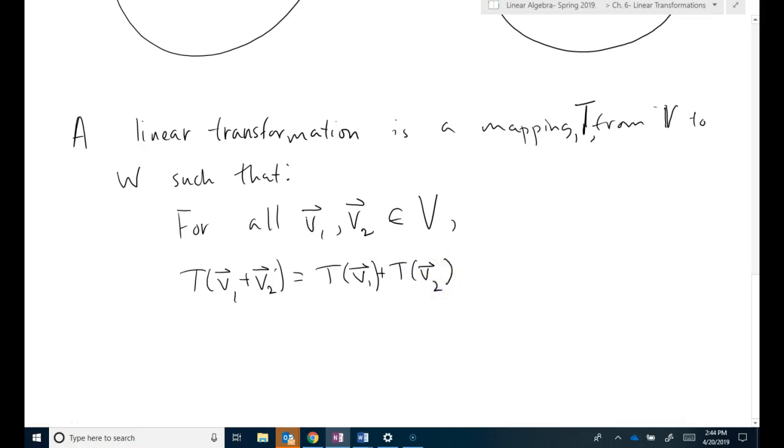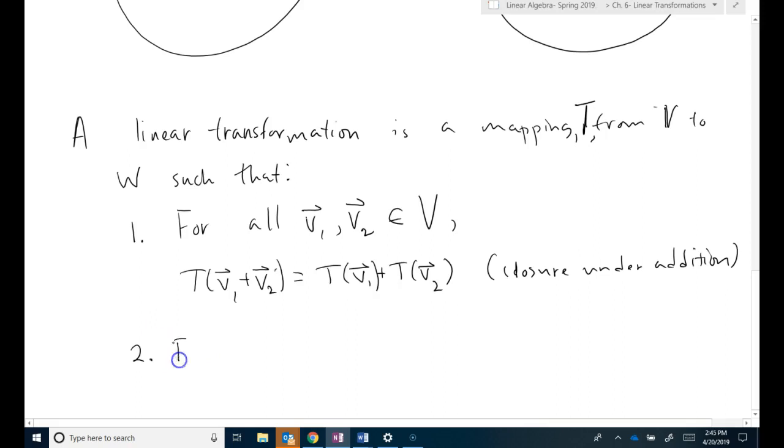Okay, and so that's the addition. It's called closure under addition. And so that's my first one. And my second one, you can probably guess, is closure under scalar multiplication.